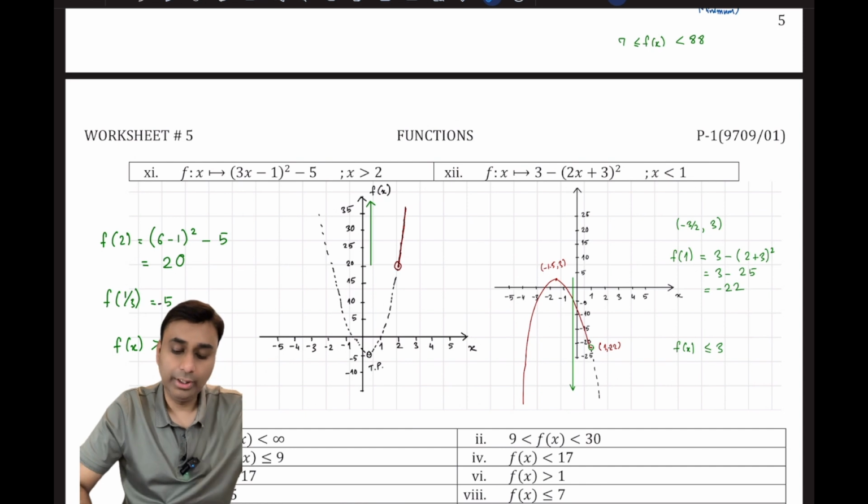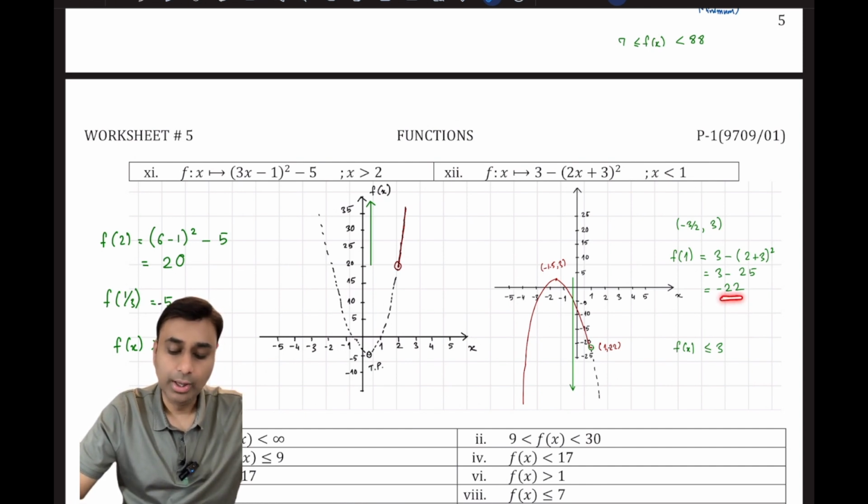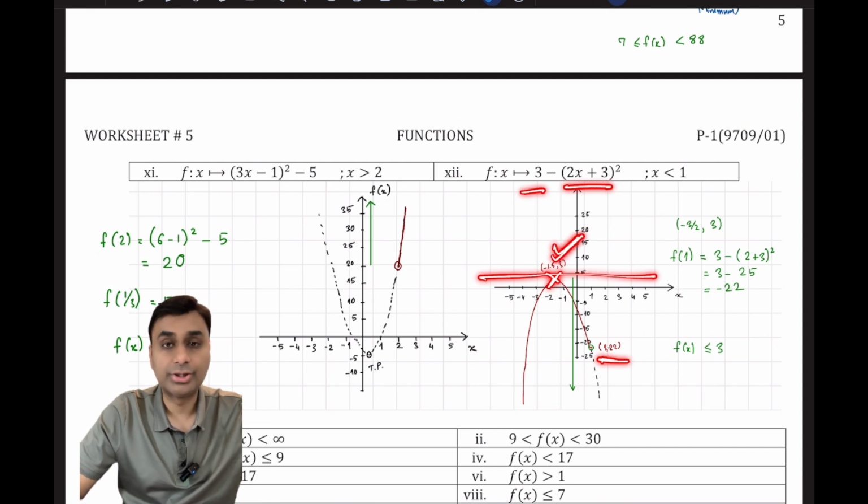Although if I put x as 1, I will get minus 22, that is not what defines the range of the function. If I look at the turning point, which is (-1.5, 3), I can see that the maximum value of this function is 3. So in fact the range is not determined by minus 22, it is determined by 3, which is the maximum value. Hence the range of the function is less than or equal to 3.